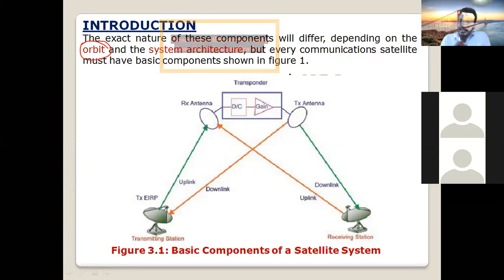Is it for fixed satellite service, like private networks, bank networks, international internet connection, a gateway for any country? All these are fixed satellite services. So what type of components do we use? In FSS and MSS it is different. MSS, if your receiver is movable, it's mobile, it's not stationary, like airplanes, ships, and so on. The type of components depends on the type of services of the satellite. Those are the 2 points I want to discuss with you before we start these components.